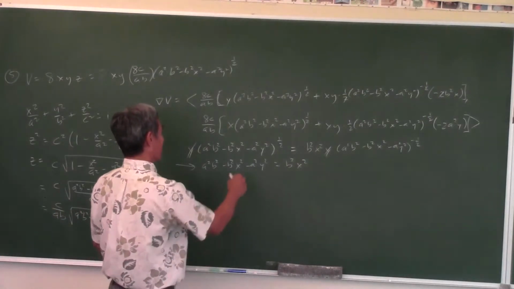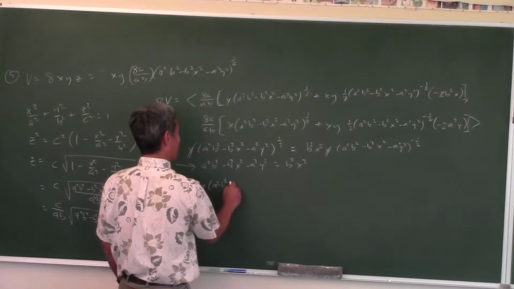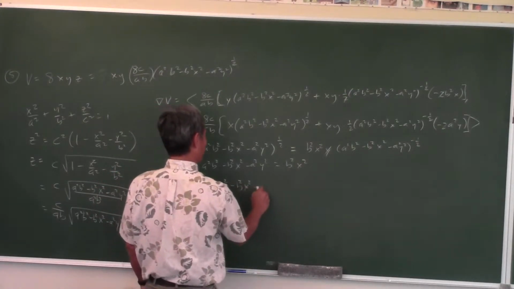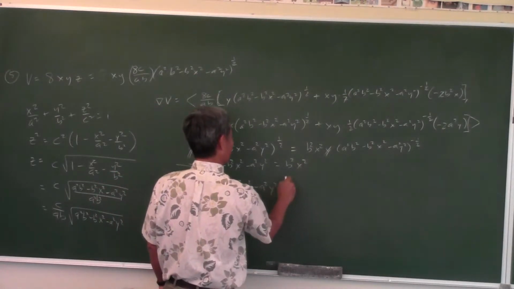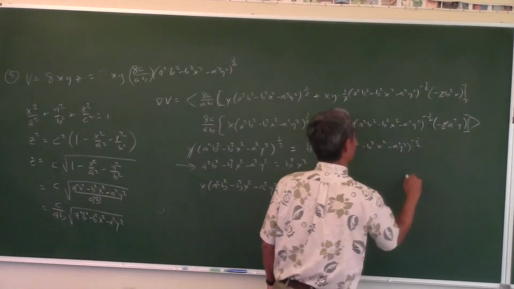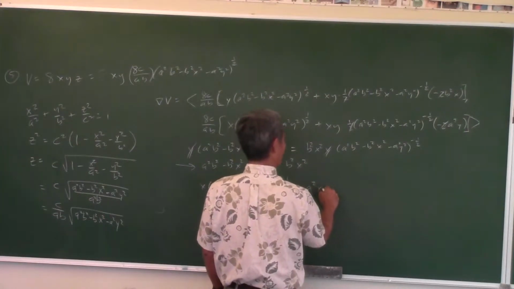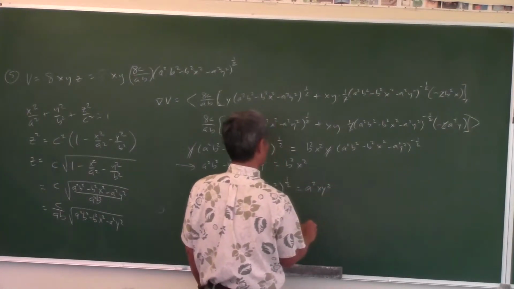So the second one is going to be x times (a squared b squared minus b squared x squared minus a squared y squared) to the half is equal to, the 2's cancel out, so you're going to have a squared x y squared, is that right?